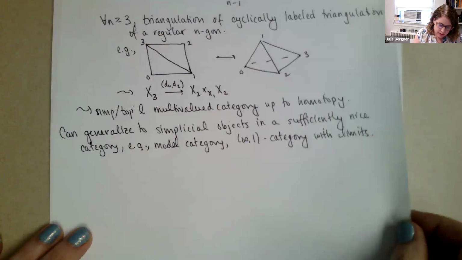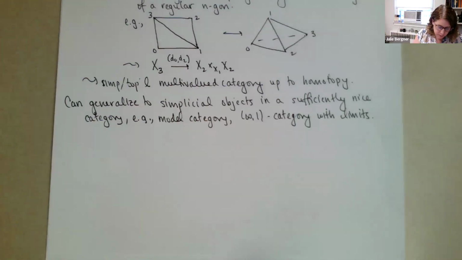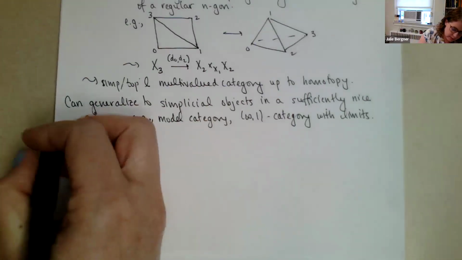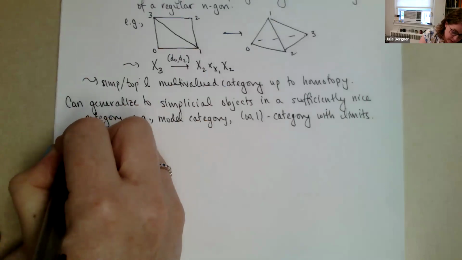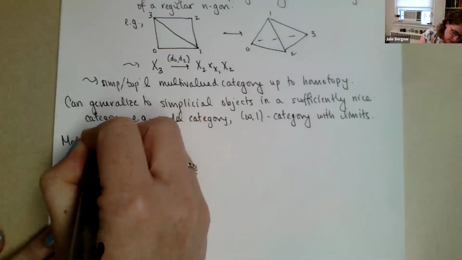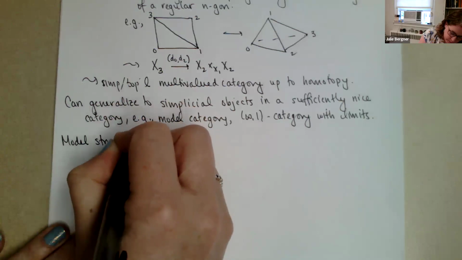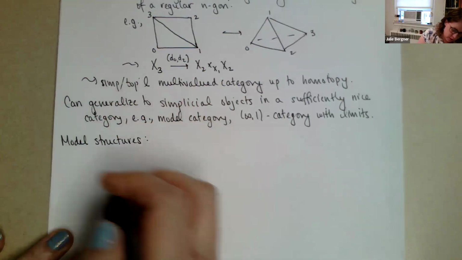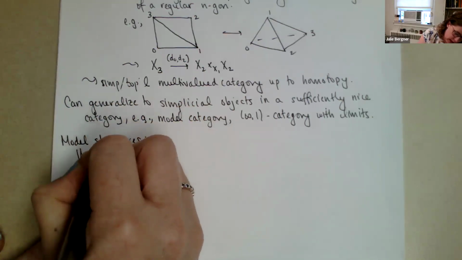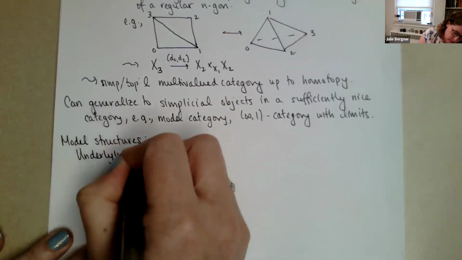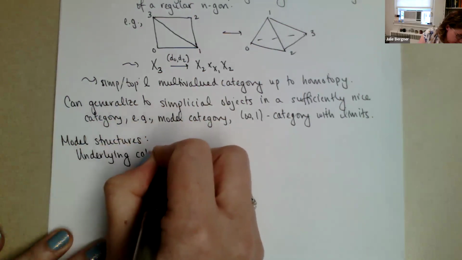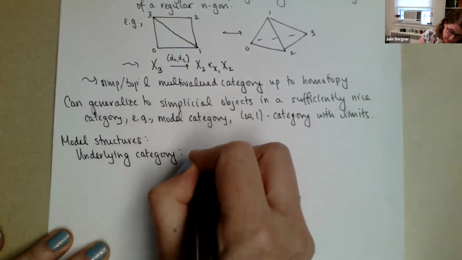And let me really briefly, just for people who are interested, and I'm not going to spend a lot of time on it, it's not going to be a focus, say a little bit about model structures here. So the underlying category here is just the category of simplicial spaces.